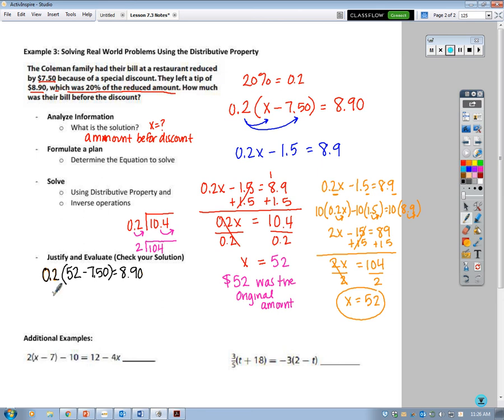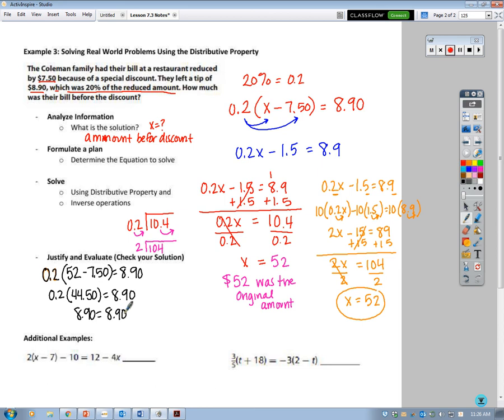So this would be 0.2 times 52 minus 1.5, and when you work that out, you do in fact see that it equals 8.9 or 8.90. So our solution is correct.